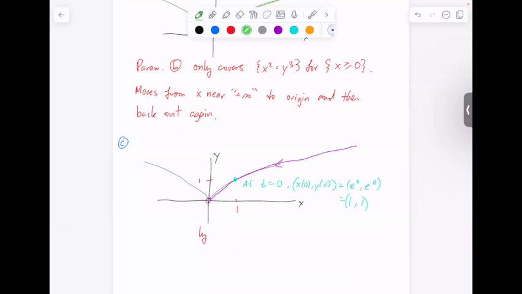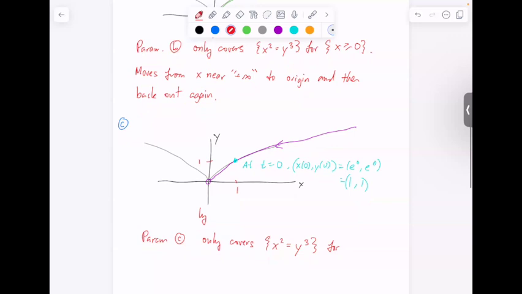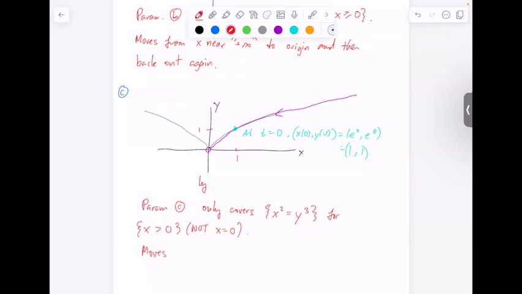So parameterization B only covers x squared equals y cubed for x strictly greater than 0, so not x equals 0. It moves from x near plus infinity to x near 0 asymptotically, and it never reaches 0.